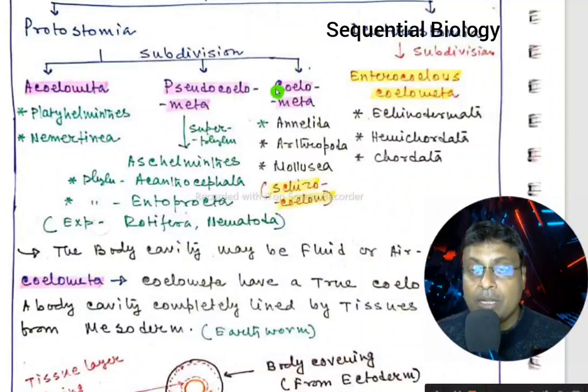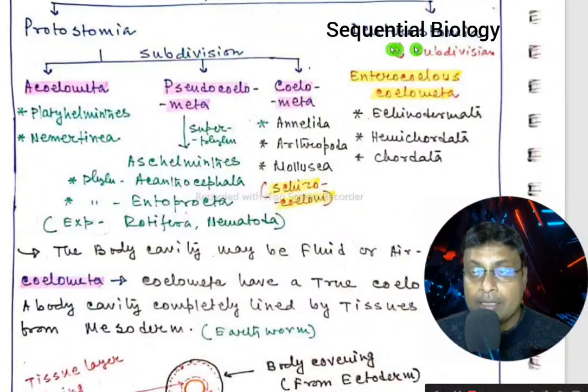The coelomata are usually higher phyla, that is Annelida, Arthropoda and Mollusca. They are coelomate. The true coelom is divisible into two categories, the schizocoelous coelom and the enterocoelous coelom. In Annelida, Arthropoda and Mollusca, the schizocoelous coelom can be seen.